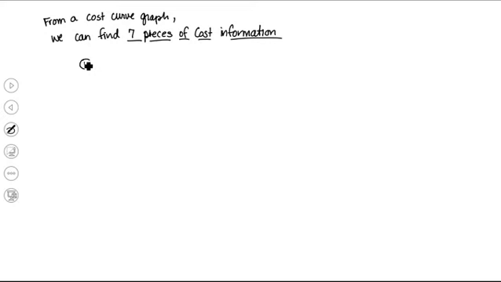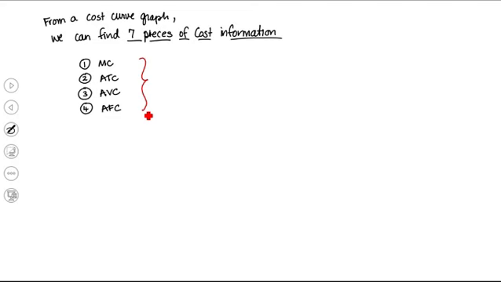So we can find marginal cost. We can find average total cost. We can find average variable cost. And we can find average fixed costs. Those are the first 4. And we need to lump those first 4 things together because those are easy.